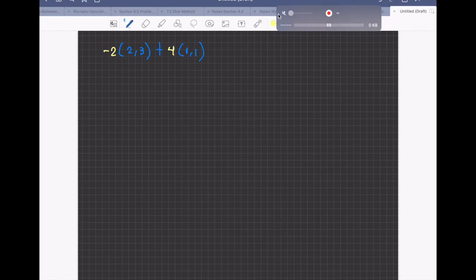You see? This is -2b1 plus 4b2. Again, this is a linear combination. Now I chose as coefficients -2 and 4. You can choose any coefficient that you want, any numbers, and with that, you will have a linear combination of b1, b2.